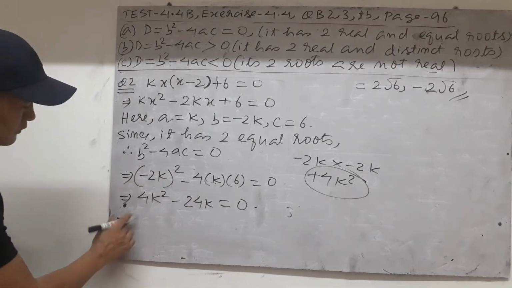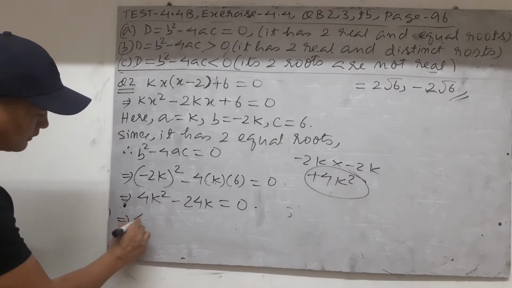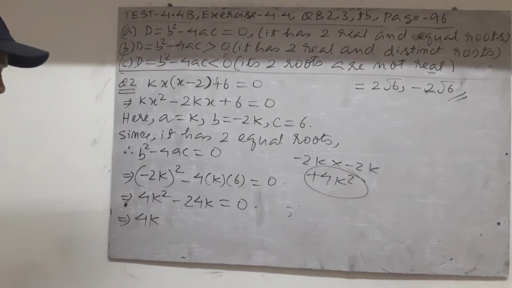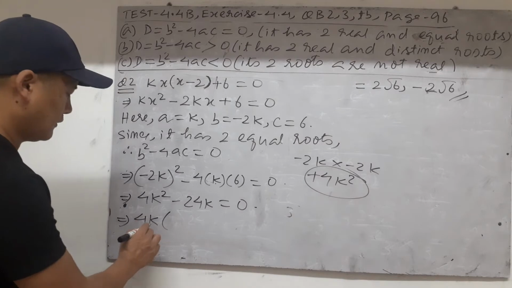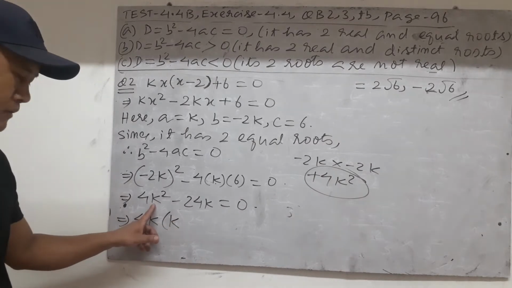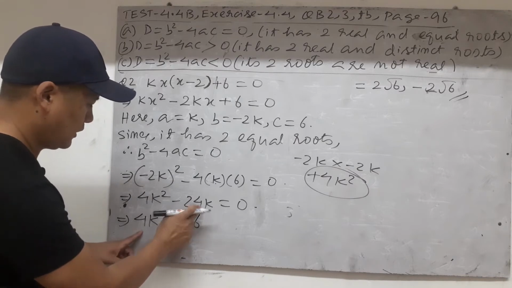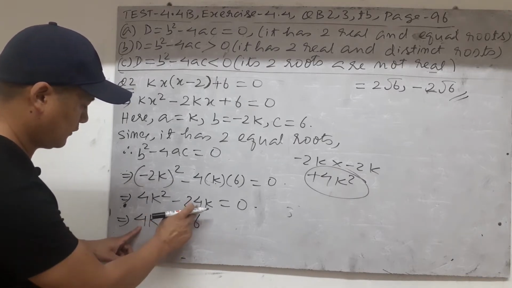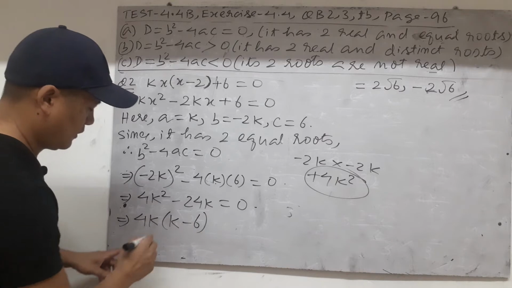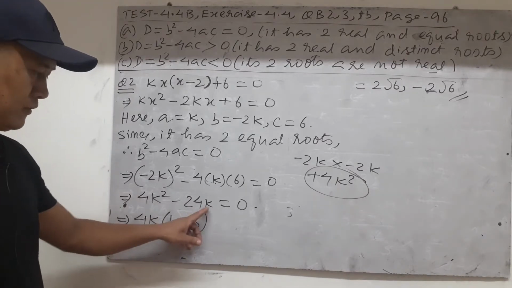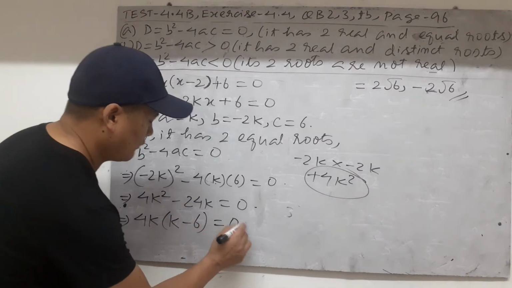So we can see that 4k is a common factor, okay, into, then 4k into k is 4k square. Minus 4 6s are 24, and k is already out, so 4k into 6 is 24k. So that way it's factorized.